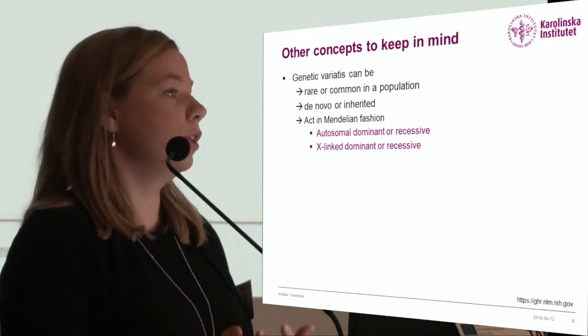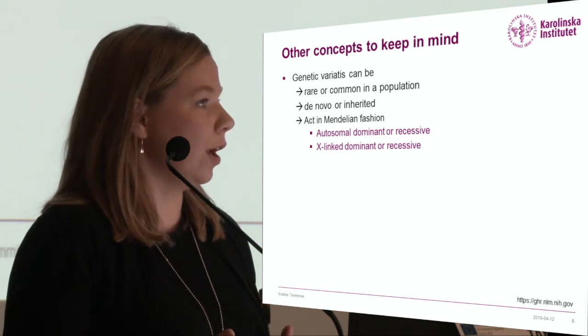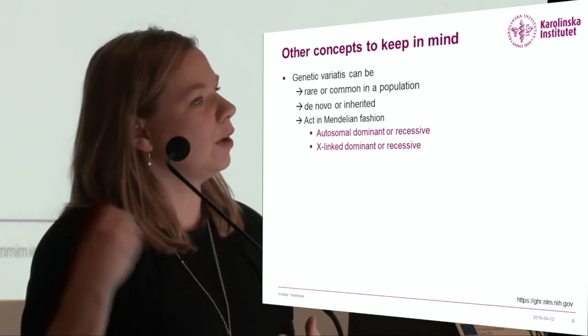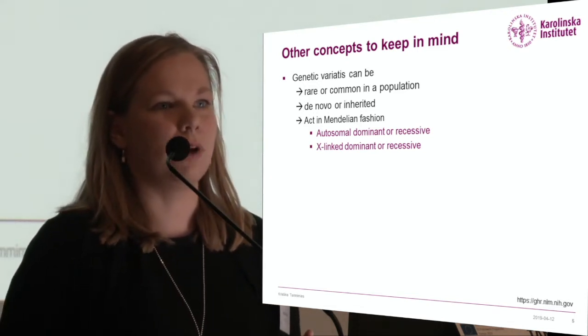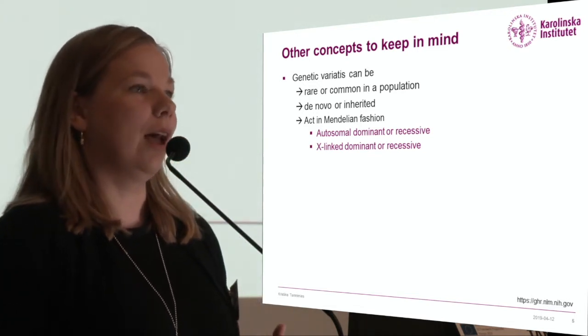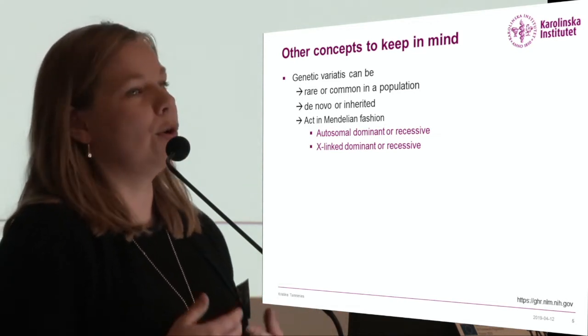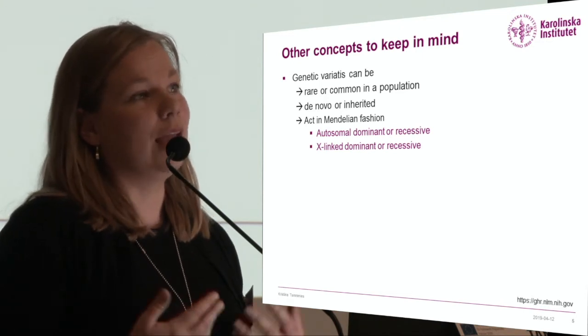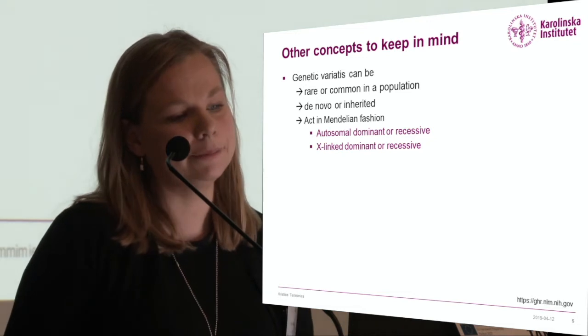You really need to know what population you're studying to know what is rare and what is common. Otherwise, if you're interpreting your CNVs and you see that this is a really rare one, but you have one individual that has a different ancestry in your research cohort or a clinical cohort, then you get a wrong interpretation of that variant. So that's very important to keep in mind.